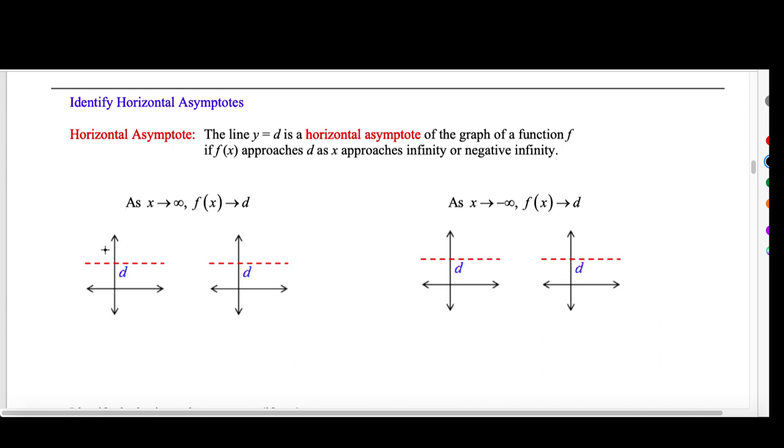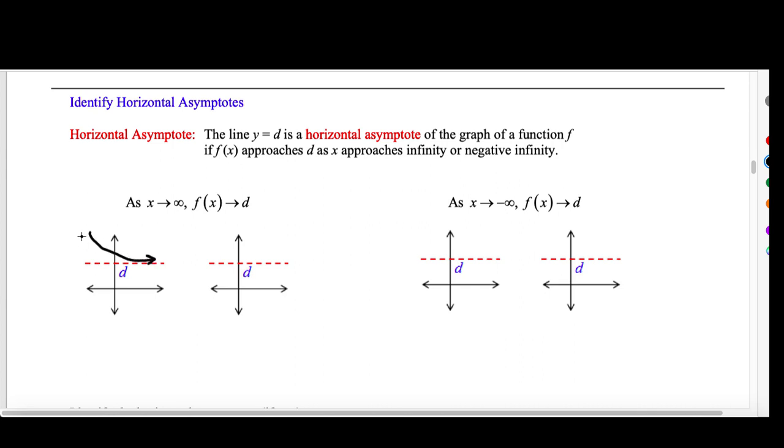So over here, we have the notation: as x approaches infinity, f of x approaches d, right? So as x gets bigger and bigger without bound, the function itself approaches the horizontal asymptote right here. So that's going to look something like this.